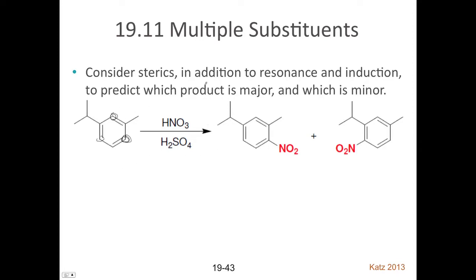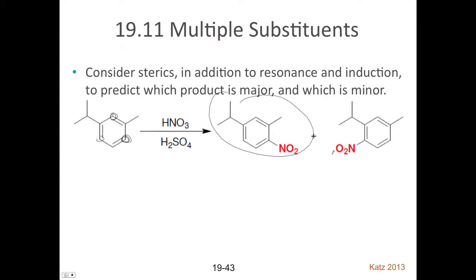All right, considering sterics in addition to resonance and induction, predict which is the major and which is the minor. Okay, which one do you think? We're only giving you these two choices right here. Which one do you think, here or here? And obviously, this one here is going to be the major product.